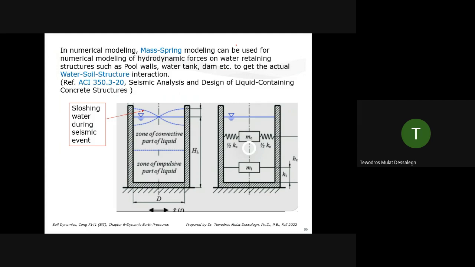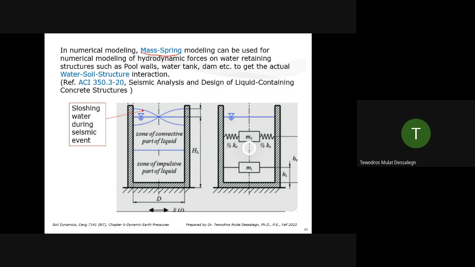In numerical modeling, like with a hand calculation, a mass-spring model can be used for water. If you have water here, for example, sometimes in nuclear power plant design, we have pools in the nuclear power plant. We have to design those properly, and we have to design for the water itself.